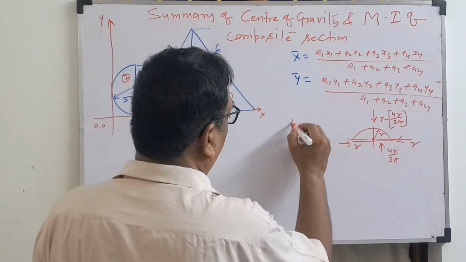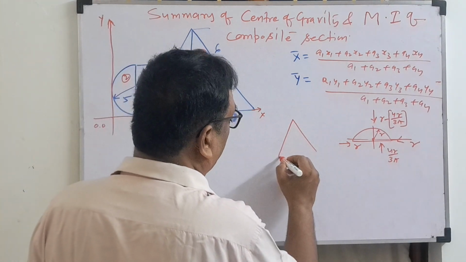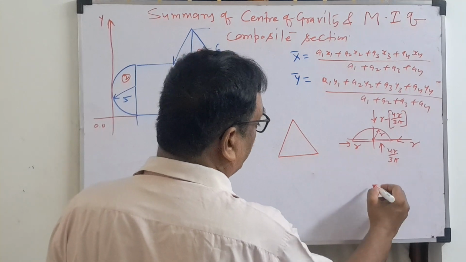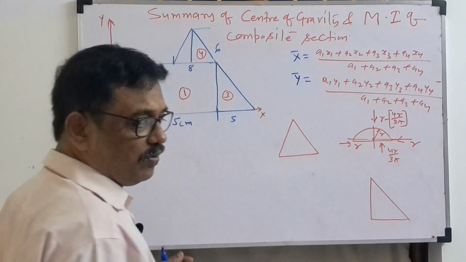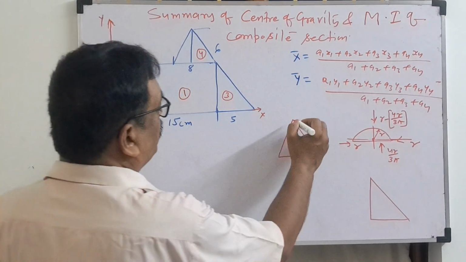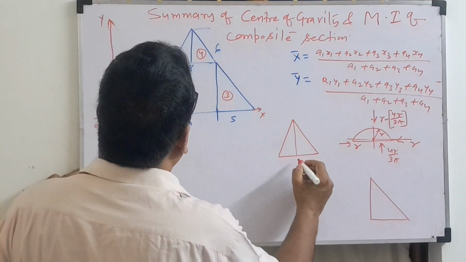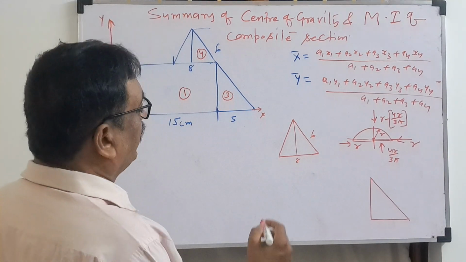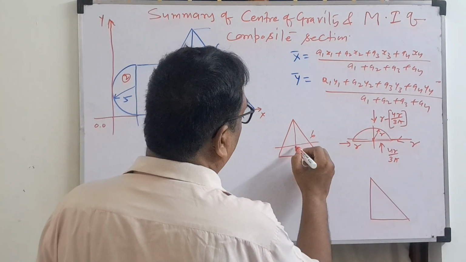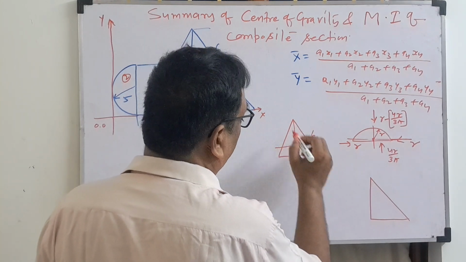Suppose this is a triangle. I am taking an equilateral triangle. An equilateral triangle will be different from a right angle triangle, so I will discuss both now. We already discussed this in earlier videos. Now see here, the equilateral triangle has base 8 and height 6. How do we find the centroid point? This vertical line, this point I know.